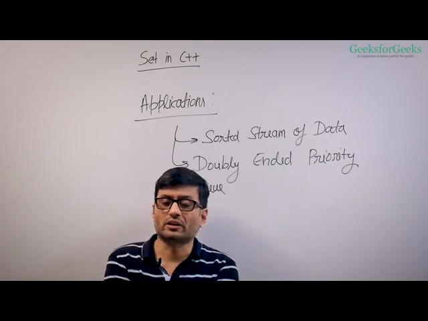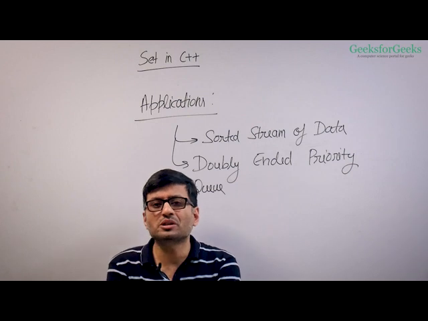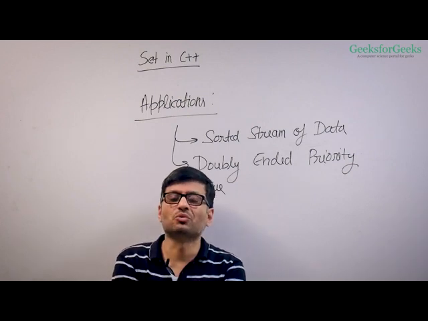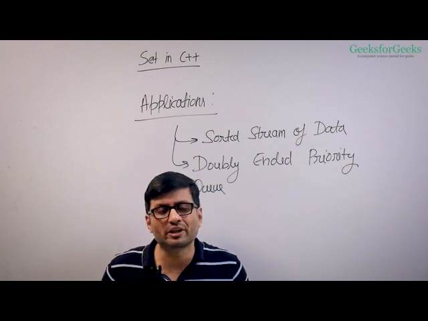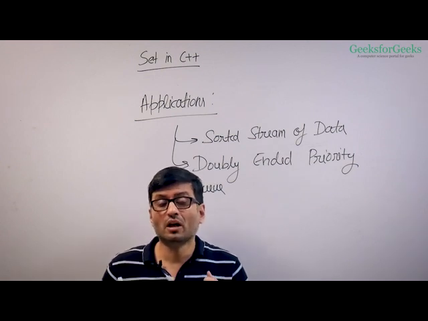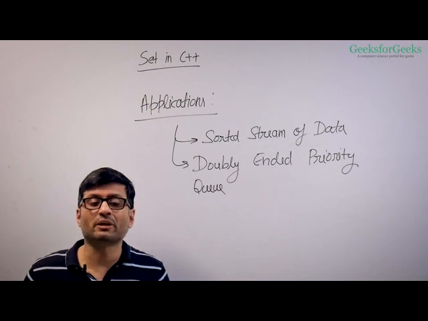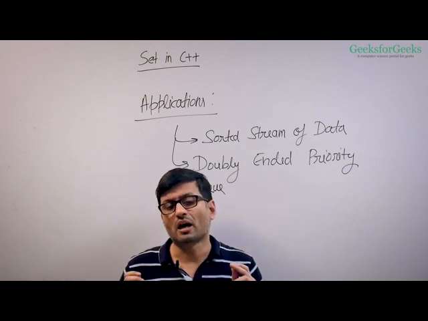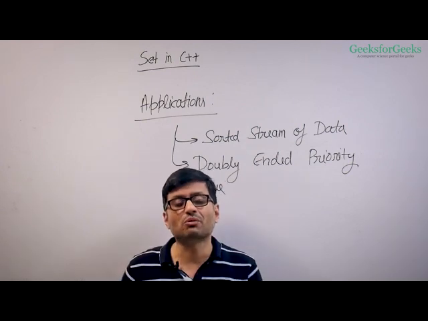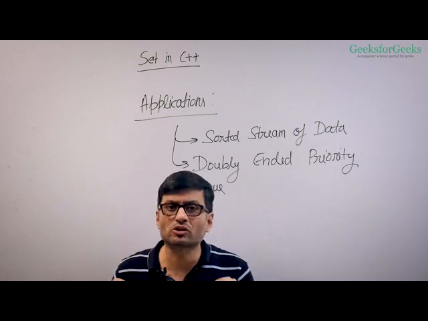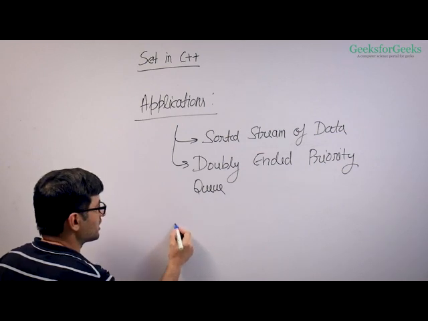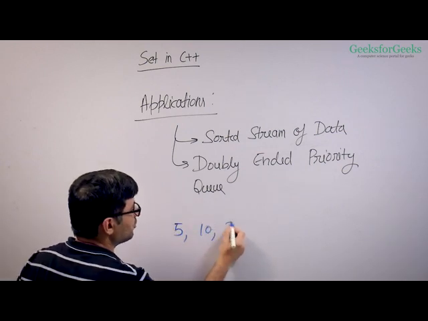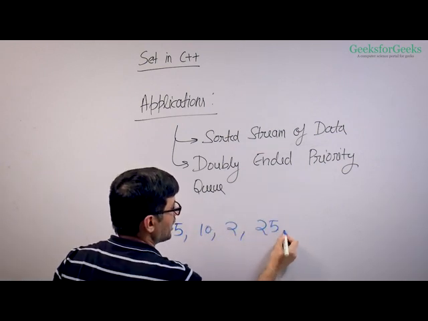Applications of set. Set can be used anywhere you want to use a self-balancing binary search tree, because it's an implementation of a self-balancing binary search tree. The applications are the places where you want to maintain sorted order of a stream. So you have data coming in which is unsorted, like 5, 10, 2, 25, 12.